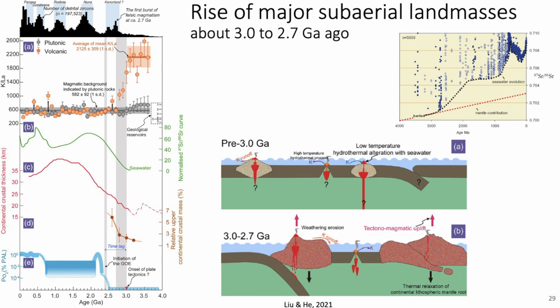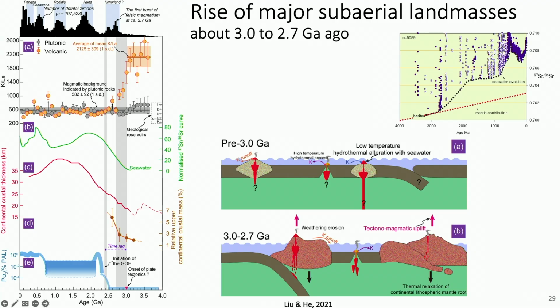So we had at that time the signal in the seawater of this weathering. That's absolutely consistent, meaning that before 3.3 billion years ago, there were virtually no land masses, or very little. And then after that, within 300 million years, we went to the modern regime in terms of weathering and alteration. And in terms of timing, you see that it predates the Great Oxygen Event, which I won't necessarily talk about in this presentation.